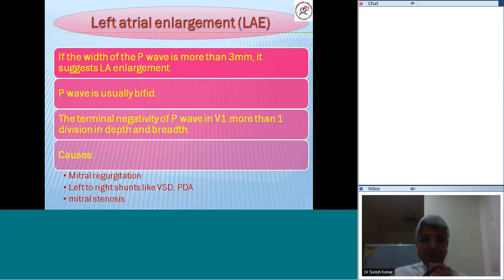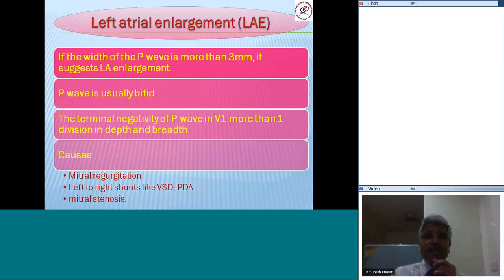And the terminal negativity of P wave in V1, if it's more than one division in depth and one division in duration, that also would be an evidence of left atrial enlargement. This is a very sensitive criterion for left atrial enlargement, but somewhat less specific. For instance, if there is a large RA as in Epstein's anomaly, you may spuriously get this sign.